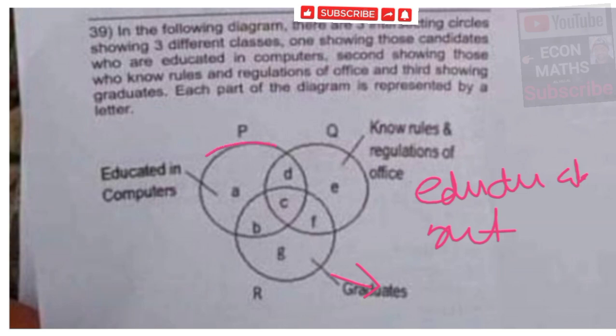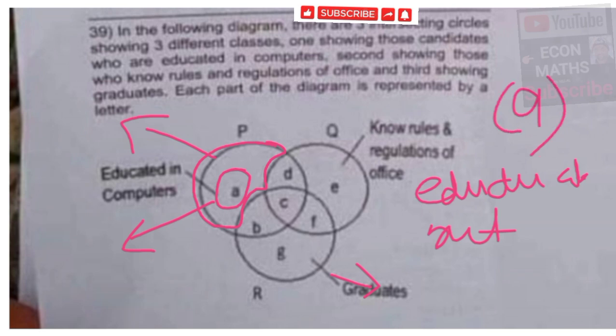So this portion will be the correct answer. This is the area which shows the educated but neither graduate nor know the rules and regulations of the office. This area is the non-intersecting part. So I will go for this option. A is correct in this question.